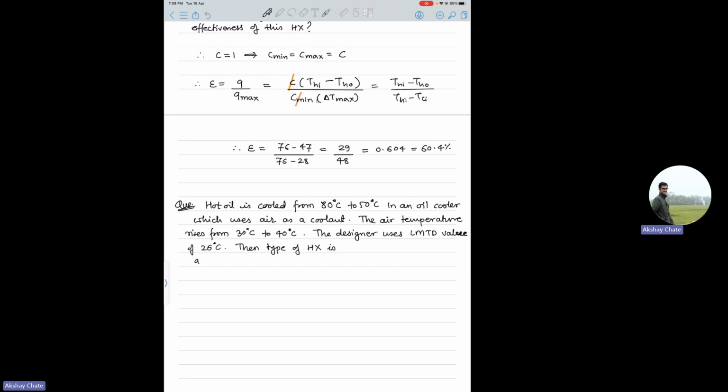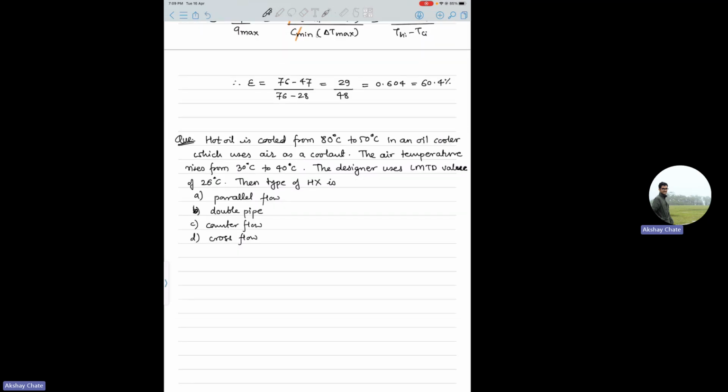So you have 4 options: parallel flow, double pipe, counter flow, and cross flow. Actually this was a 2 marks question in GATE 2005, but it's difficult. In the exam, you have to see.